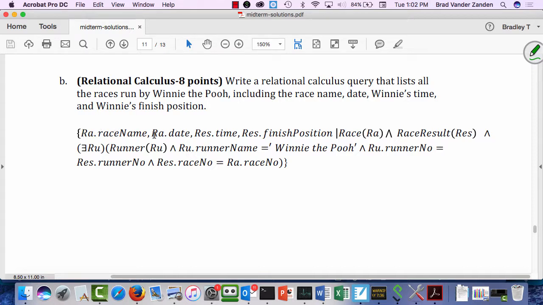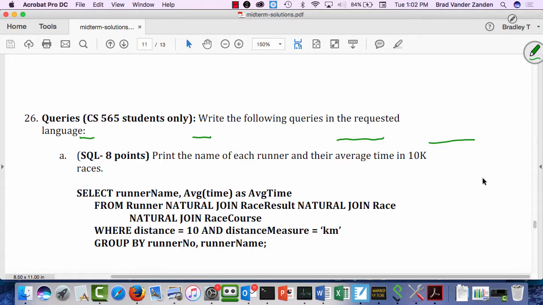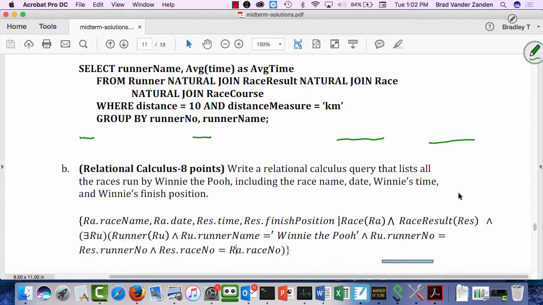So in this Winnie the Pooh example, I wanted to print basically all information about the race and results of Winnie the Pooh, which I could get from two relations, the race relation, which I've labeled RA, and the result relation, which I've labeled result. Since those two relations appear in the results list, they must be free variables. They can't be bound.